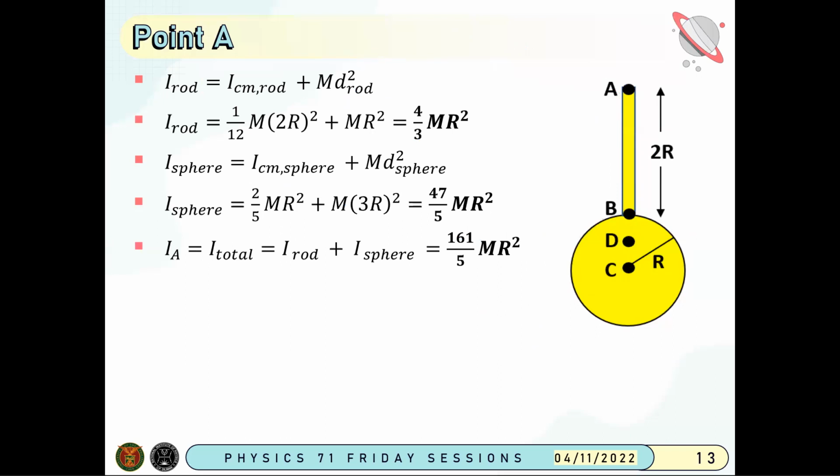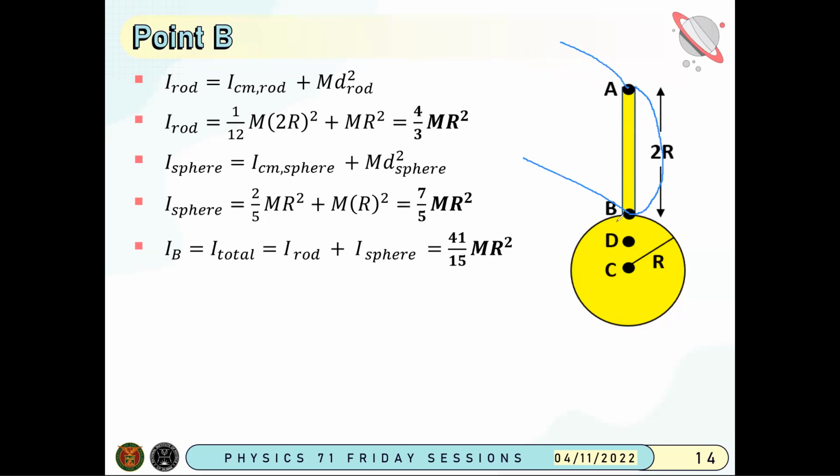How about from point B? So from point B, ito na yung rotational axis natin. So from point B, actually, yung I ng rod, same pa rin. Bakit? Kasi nilipat mo lang naman, parehas lang naman yung distance, parehas lang naman yung mass na yan. So same pa rin yung makukuha natin for the I rod.